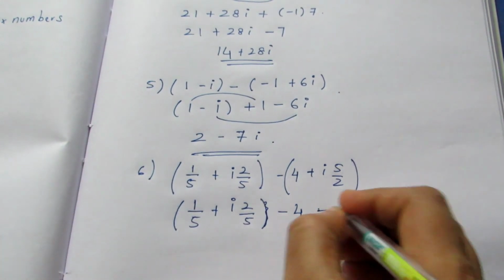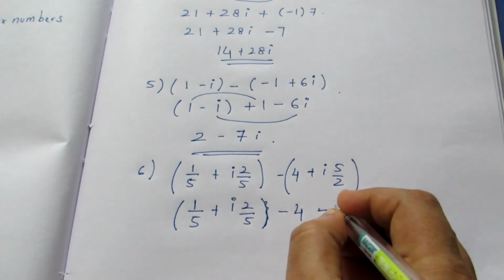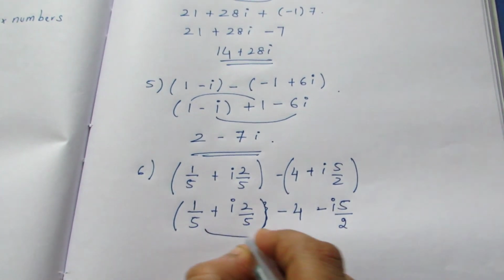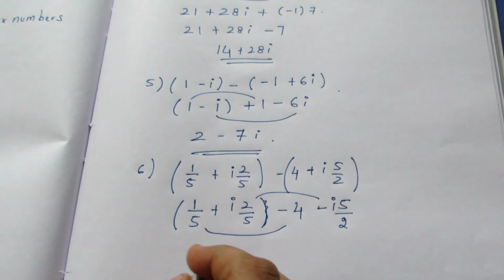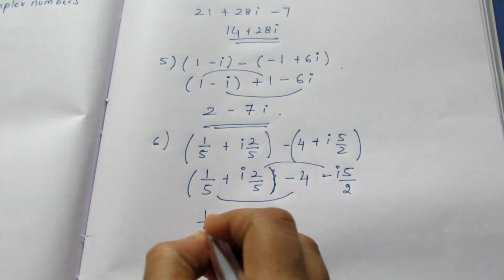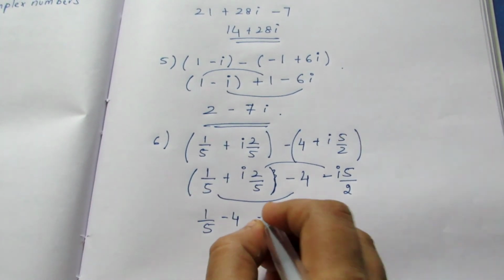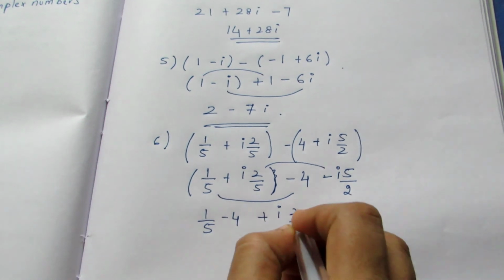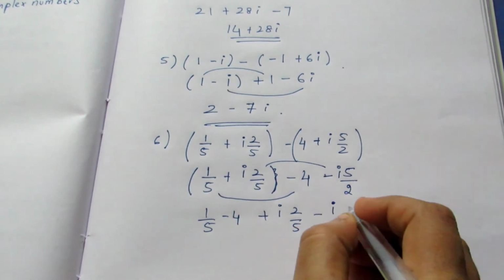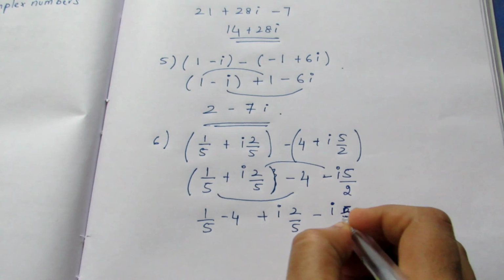Here plus into minus will become minus 5 by 2 i. Now we can solve the like terms. These two are like terms and these two are like terms. We need to take LCM. I'll write it nearby. Then we'll take LCM, plus i 2 by 5 minus i 5 by 2.